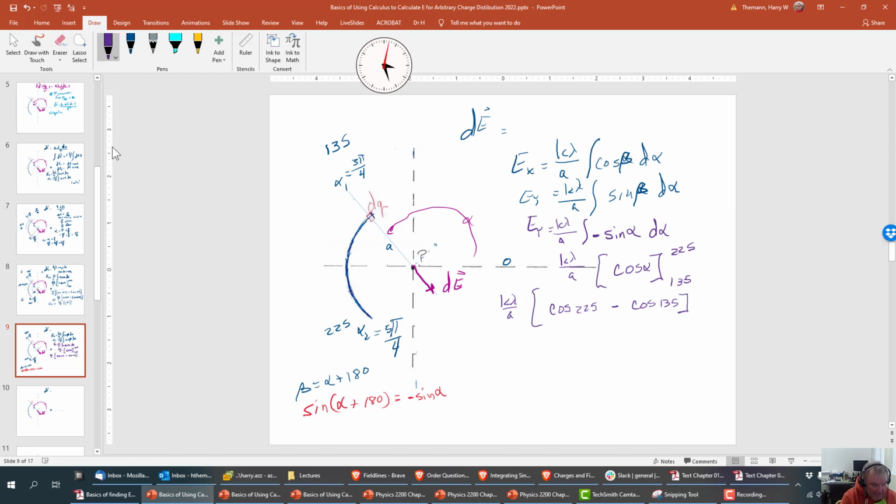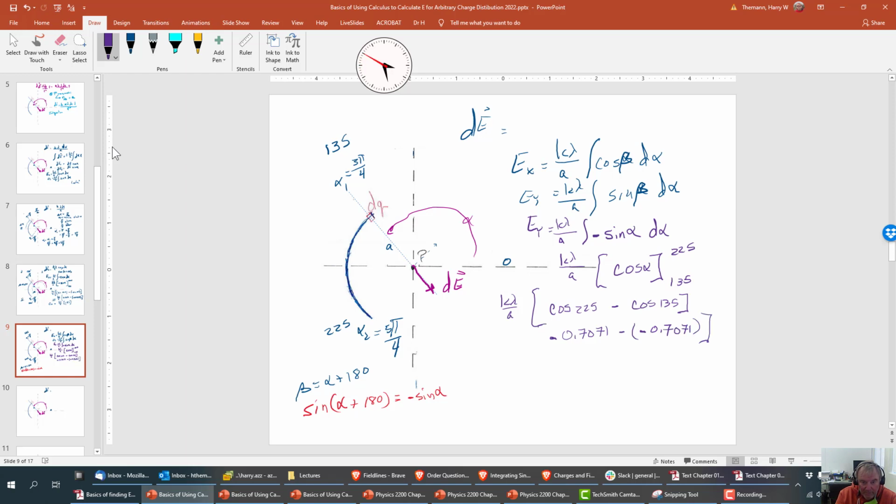And let's see what we get. Cosine of 225 is a minus 0.7071, and cosine of 135 is also a minus 0.7071.